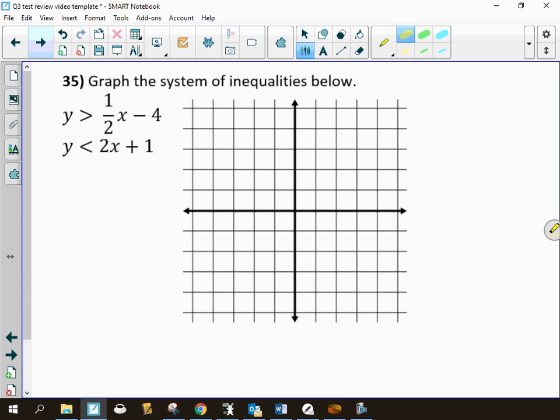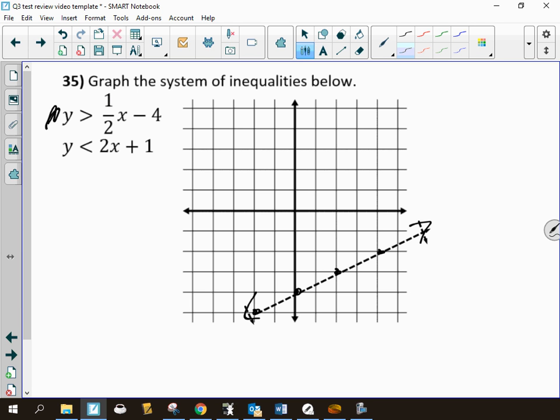All right, 35, graph the system of inequalities. So 1/2 x minus 4 is going to be a graph that looks like that. And again, this will be a dotted line, shading up from this line.